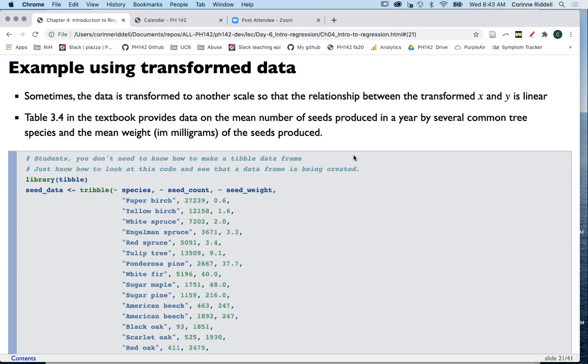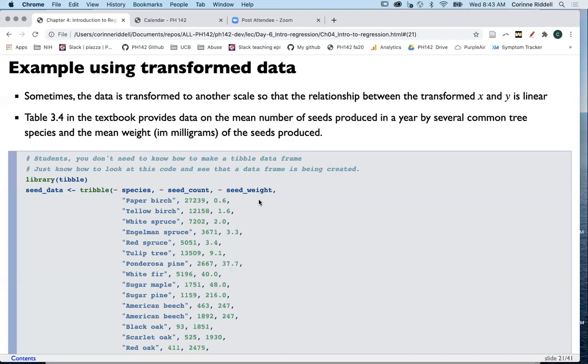Okay, good. So let's move on to the next example. The next example is also from the textbook. What it's looking at is these different species of trees and the relationship between the number of seeds, the count of seeds, and the weight of those seeds.